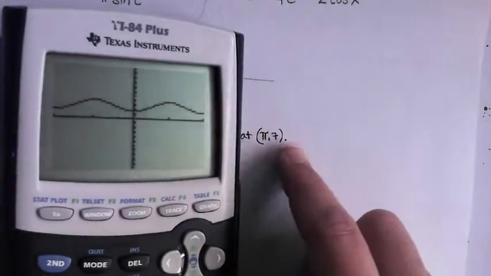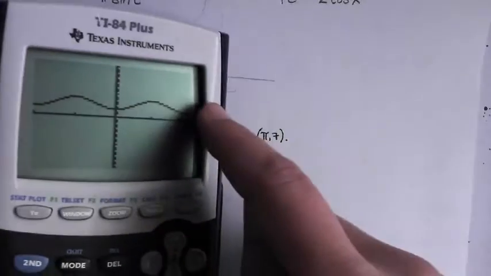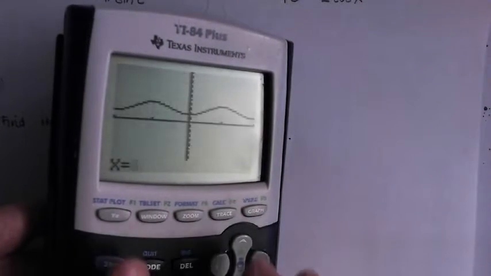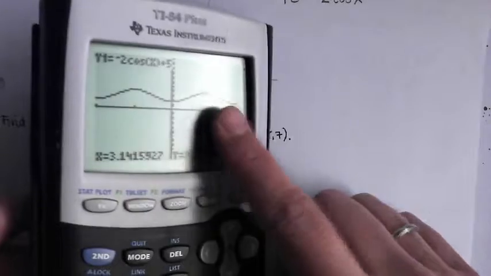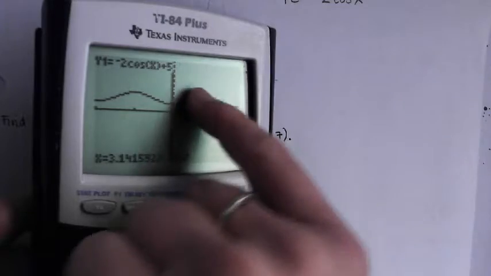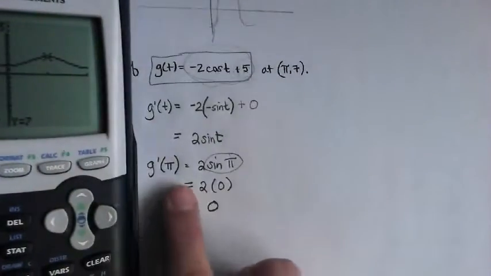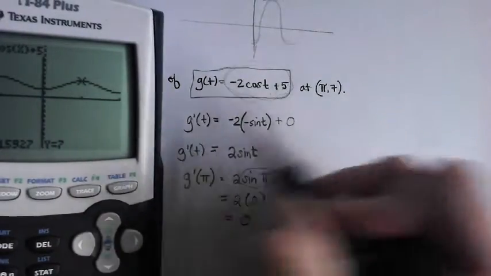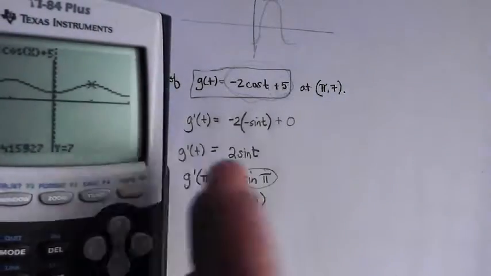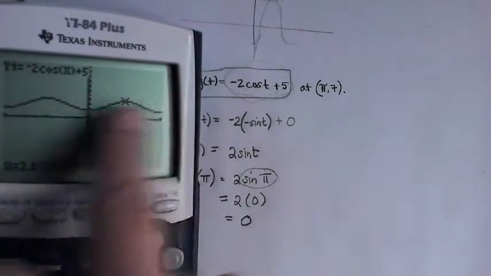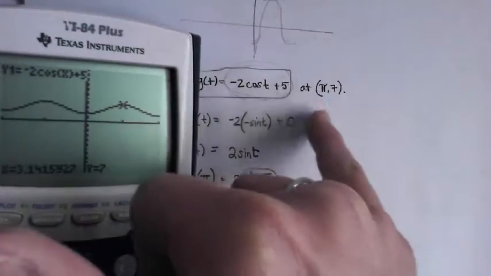Now, the point pi, 7 has to obviously be on the curve, right? And if you plugged in pi here, you would see that the output is 7. If I plug in pi, the point is on the curve. We're looking for just the slope at that location. So if you look at your derivative formula, with g prime of t equals 2 sine t, you really only need to tell the equation at what x coordinate, essentially, where on my graph I am looking for the slope, and it's when our x coordinate is pi.